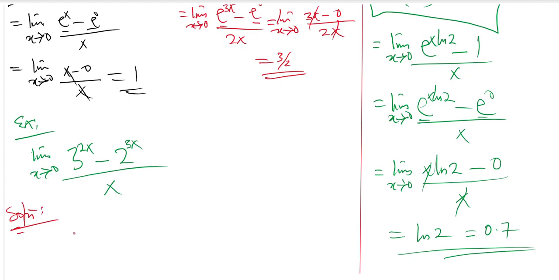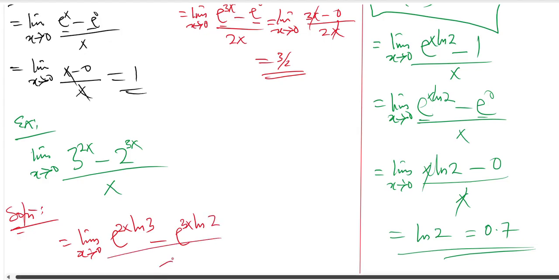So we are going to have the limit as x approaches 0 of, remember, we write this in base e to give us e to the power of 2x ln 3 minus e to the power of 3x ln 2 all over x.